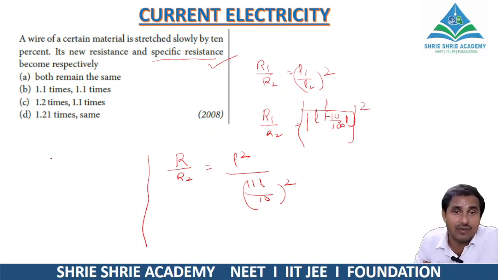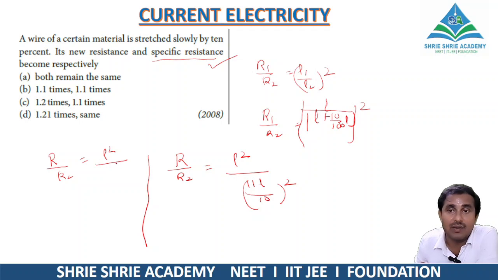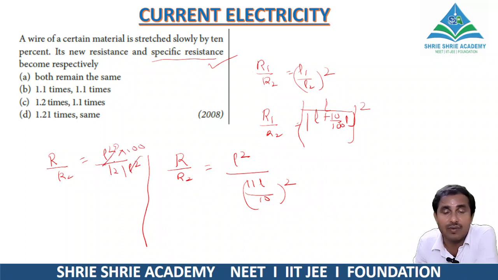So you get R by R2 is equal to L squared divided by 121 L squared into 100. So L squared will get cancelled. The new resistance you get is 1.21 times the old resistance.